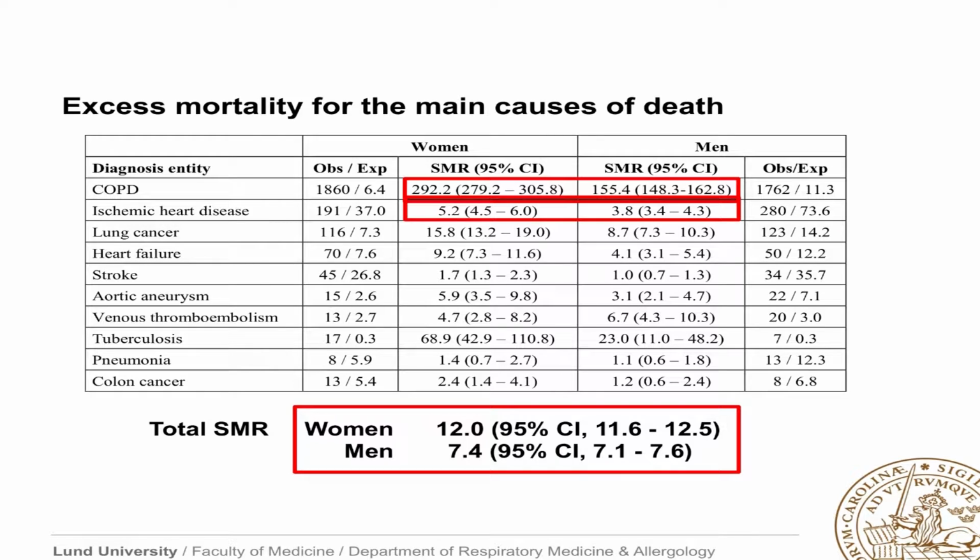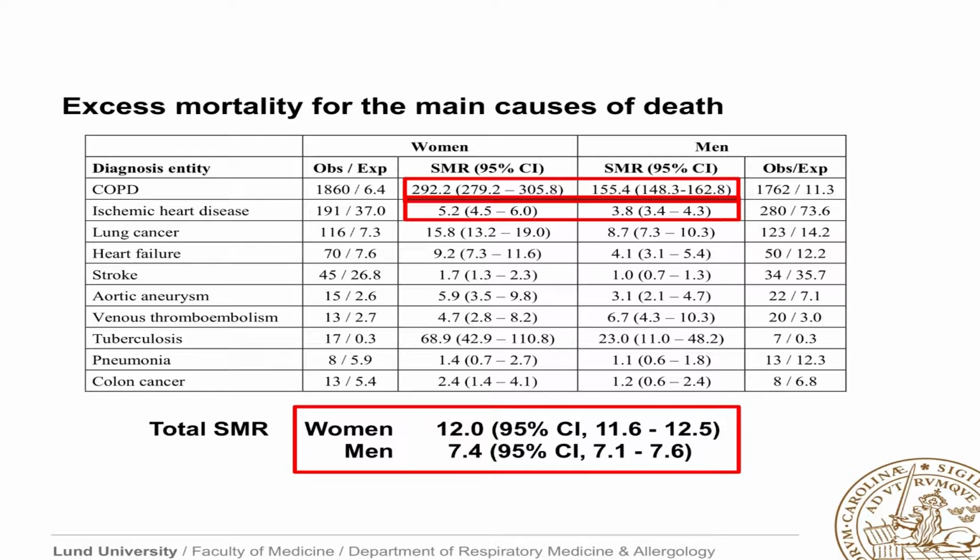We could also take out aggregated national data, rates of death from different causes, and compare our death rates with those of the general population in Sweden. So this is not just the healthy people in the population, this is the population, including sick people, ill people.